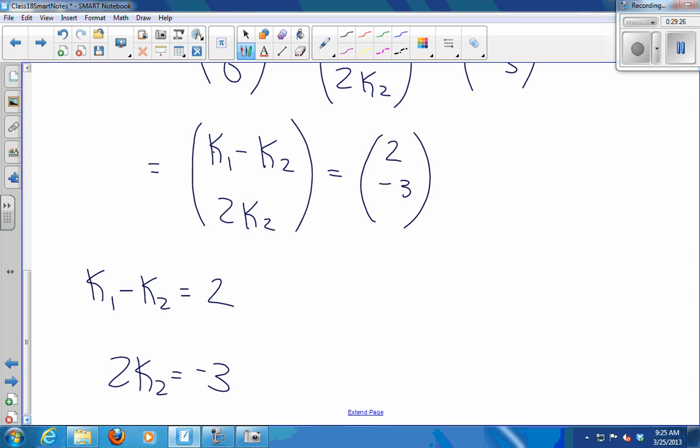So k2 has to be -1.5, which means k1, when I plug that in here, has to be 1/2. So I found two constants that I can use to make y3 have the appropriate initial condition. And we know y3 is also a solution to the system because it's a linear combination of known solutions.